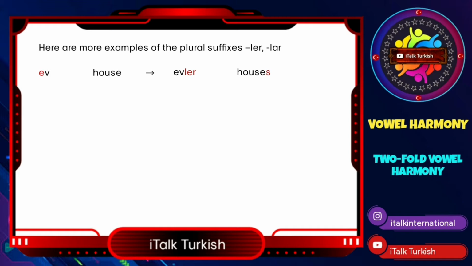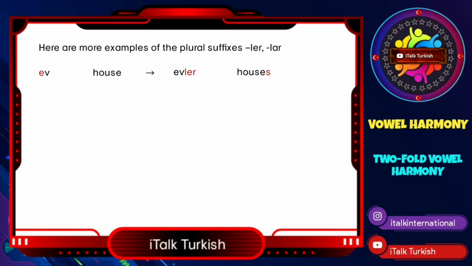If we want to make it plural, if we want to say houses, we are going to choose one of these two plural forms, ler or lar. How are we going to know which one to choose? We are going to use the rules of twofold vowel harmony.